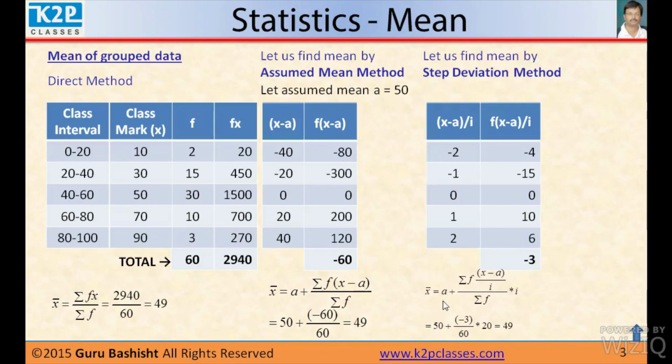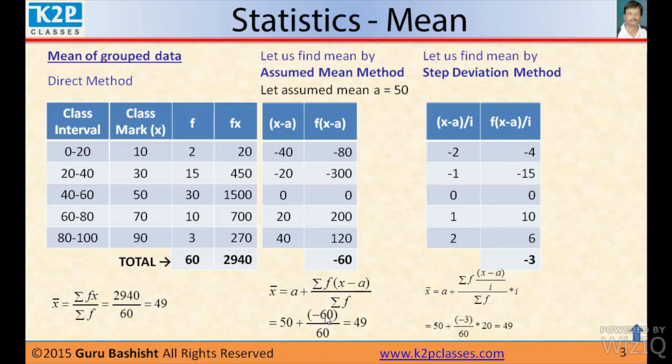Now the formula will be assumed mean plus the mean of step deviations into h. So minus 3 by 60, because this sum is minus 3, into 20, again it is coming 49. It is very simple.